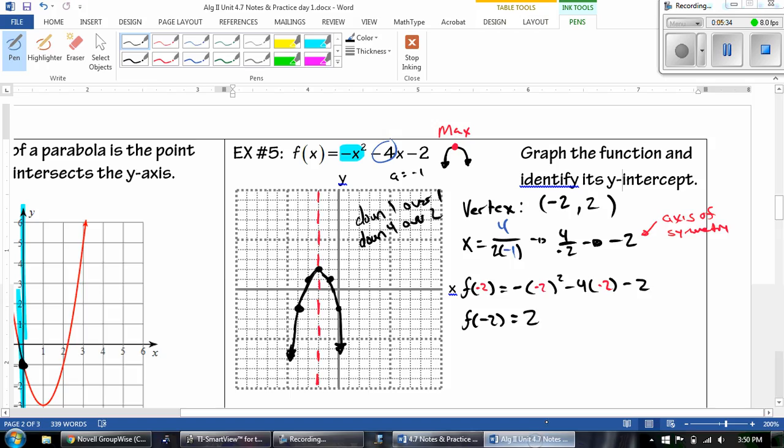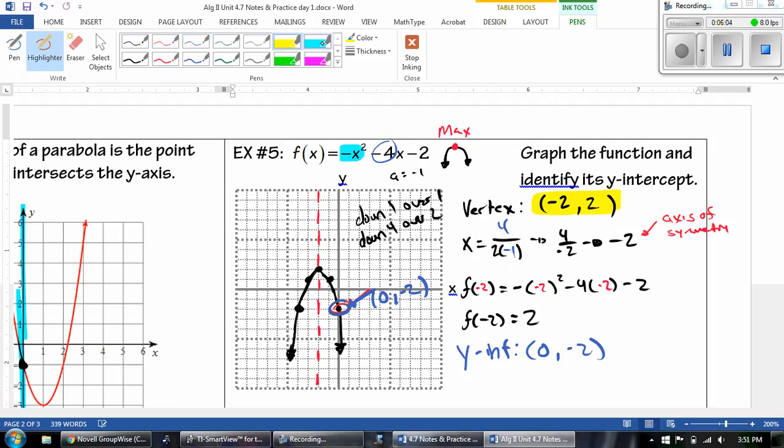And so we get (0, -2). So our y-intercept, I'm just going to draw it right here because there it is. That is the point (0, -2). There's our vertex, and there was our y-intercept.